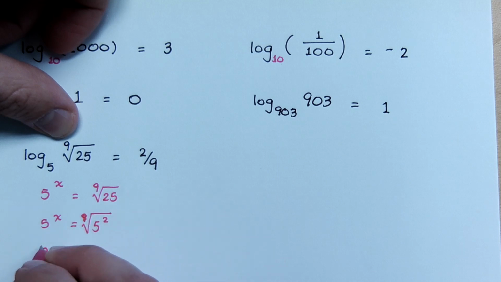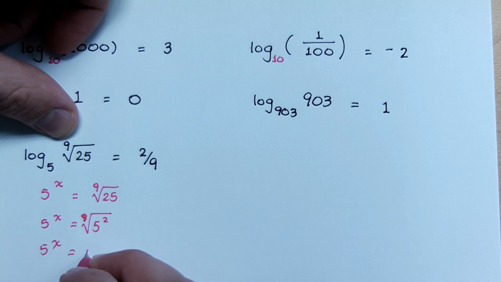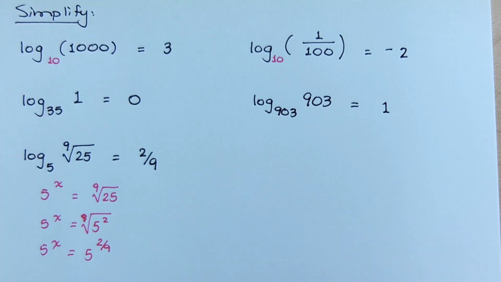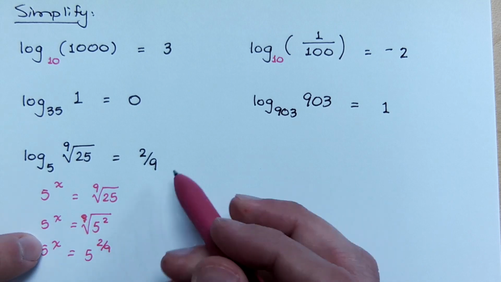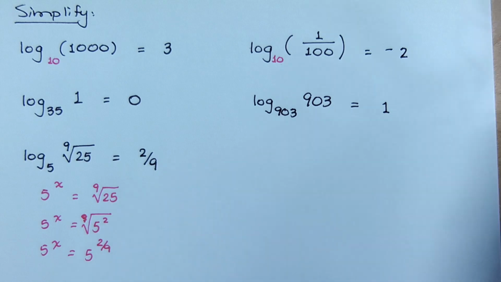And we have seen many times in the past how we rewrite this. It's still 5 squared. The index becomes your denominator, so 5 to the 2 over 9th. And remember, the big thing about solving these exponential equations is that if the bases are the same, you can then equate their powers. So x, the answer is going to be 2 over 9.